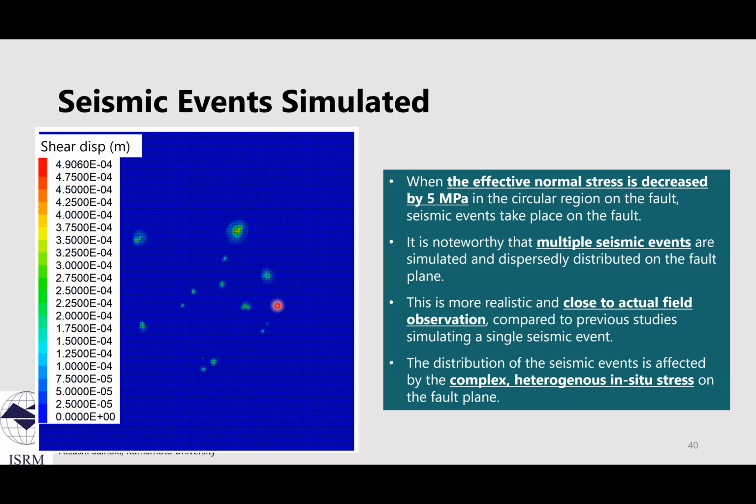We can find that multiple seismic events were simulated on this fault plane, and this is very realistic and close to actual field observations. This kind of random distribution of seismic events is affected by the complex and heterogeneous stress state of the surrounding damage zone.